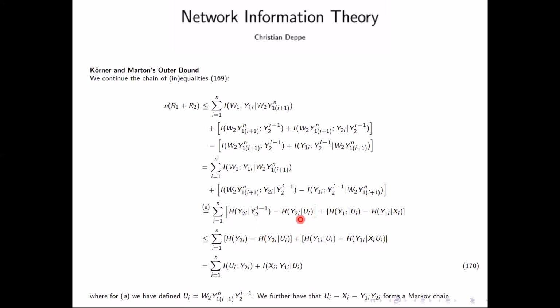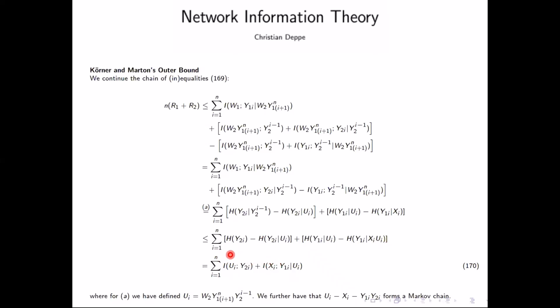All the others, we just take the same values, and here it's minus, so we make it bigger just by adding a condition. And if we write this like this, then we have the mutual information of U_i and Y2i, and of X_i and Y1i under the condition U_i. And again, we sum from i equal 1 to n.